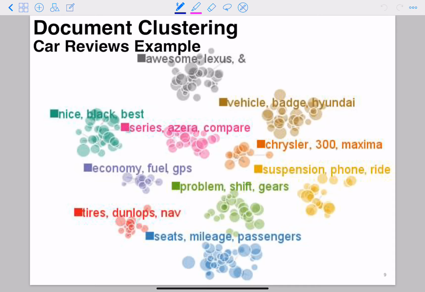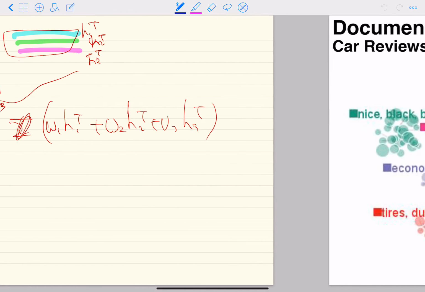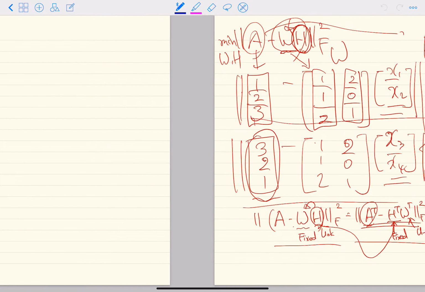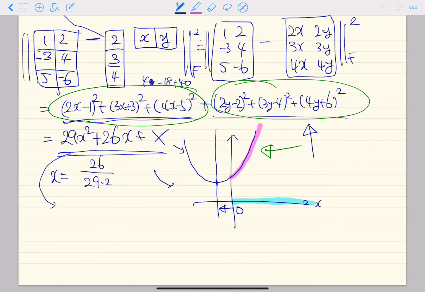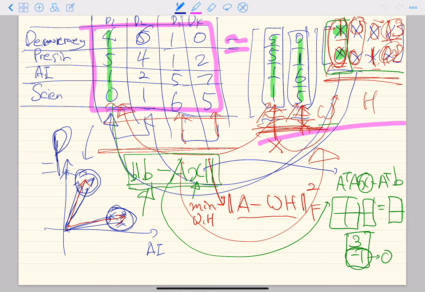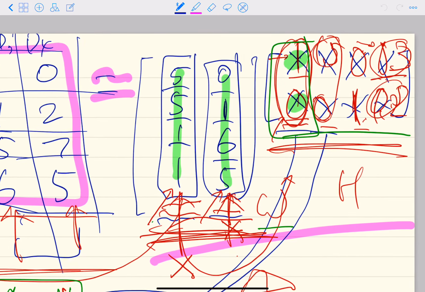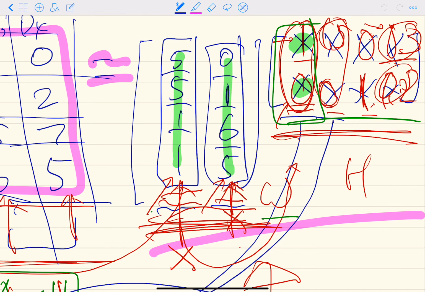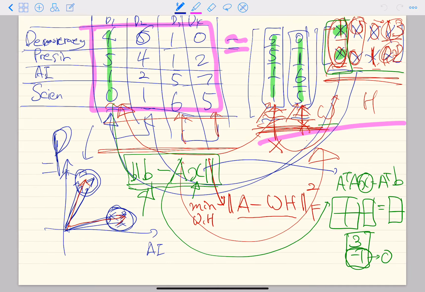We discussed the application of NMF in topic modeling, right? So if we are given this term document matrix, and we apply matrix factorization on it, these are terms and these are documents.